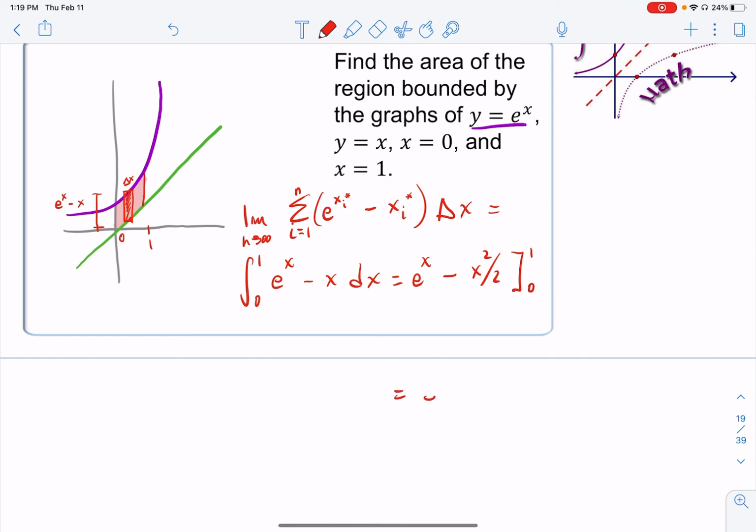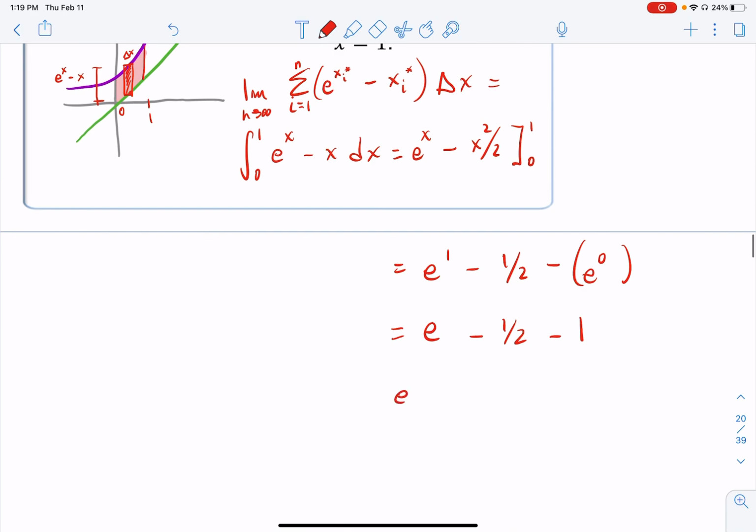So we would have e to the 1 minus 1/2, minus the quantity e to the 0 minus 0 squared, so I don't have to put that part there. All right, simplifying here, we have e minus 1/2 minus e to the 0, which is just 1, which is essentially e minus 1 is 2/2, for a total of e minus 3/2.